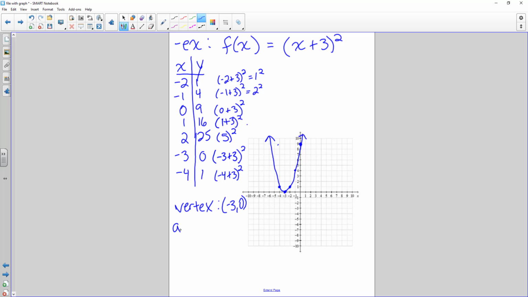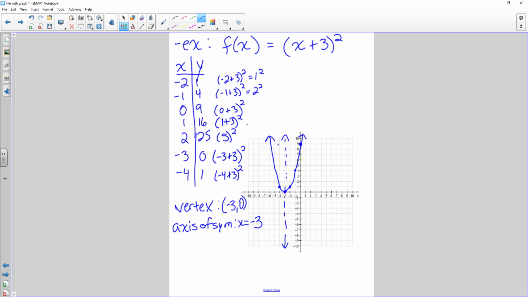And the axis of symmetry is x equals, now this one's going to be a little different, because this vertical line, if I folded the parabola in half, it would be symmetrical, it would match up. This is at negative 3. X is negative 3 is the axis of symmetry.